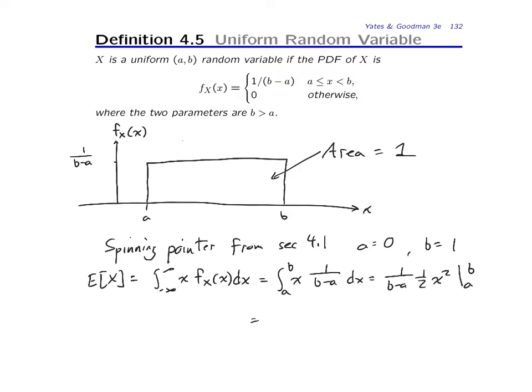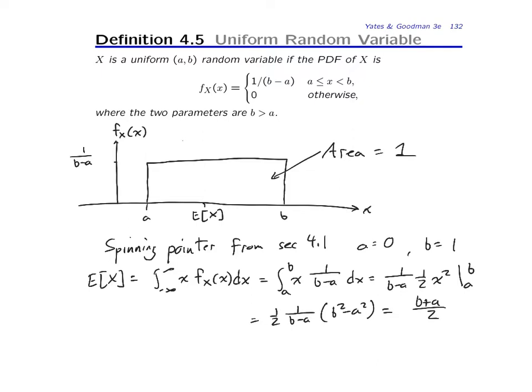This is equal to B squared minus A squared over 2 times B minus A, and this simplifies, if you remember the formula for the difference of perfect squares, to B plus A over 2. So the expected value is exactly at the midpoint of the PDF.